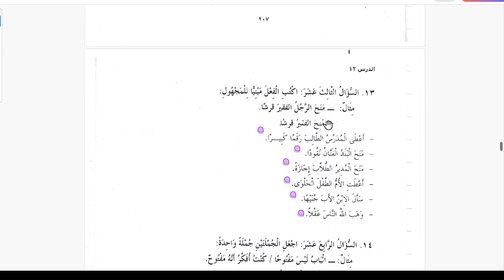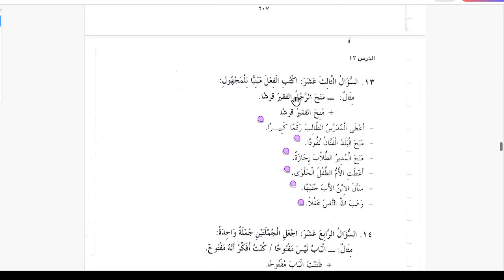For example, manaha rajulul fakira karshan, the man granted the poor person karshan, karsh or some currency, smaller currency, smaller coin of the pound. So manaha is the verb that takes two maf'ul bihi. So manaha is the fi'l, rajulu is the fa'il, and al fakira is the first maf'ul bihi, karshan is the second maf'ul bihi.